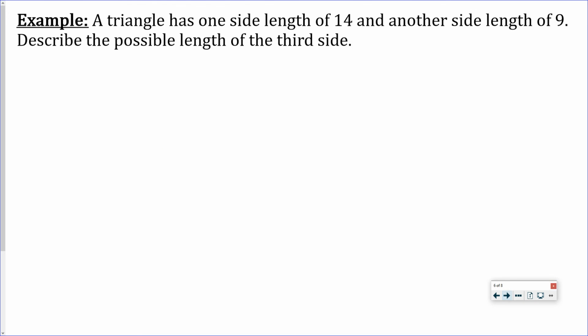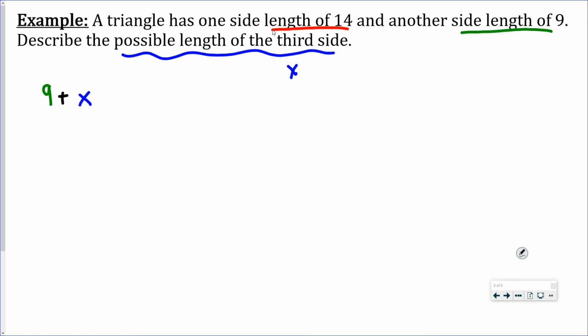Okay, let's do another one. This time my triangle has a side length of 14 and another side length of 9. Stick with my colors here on the screen. Describe the possible lengths of the third side. Let's call that x again. So just like before, let's set up my 3 triangle inequality statements. 9 plus the missing side has to be greater than the other side of 14.